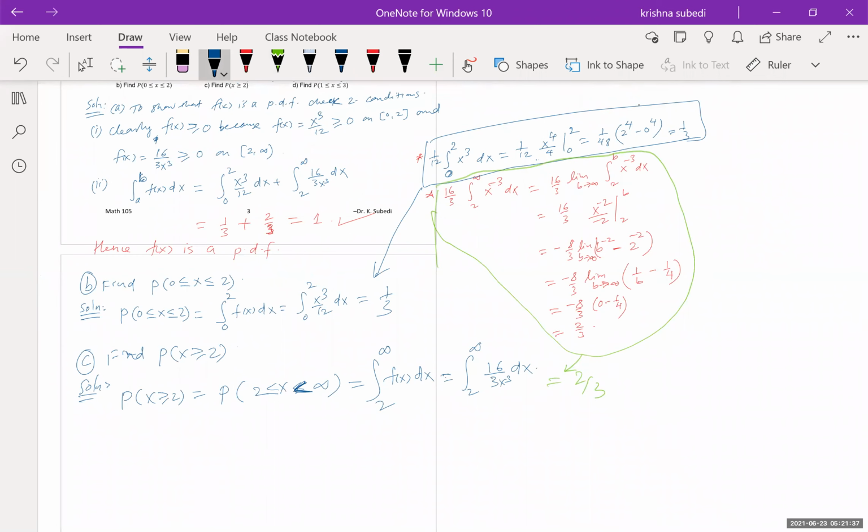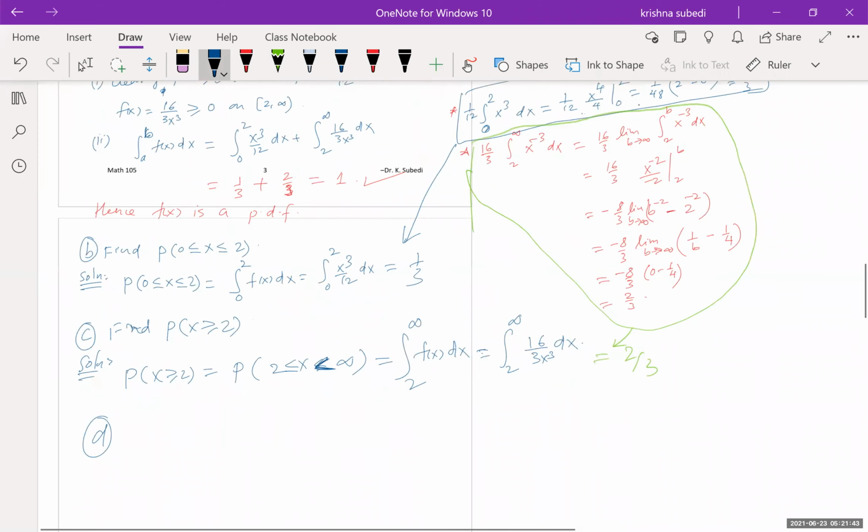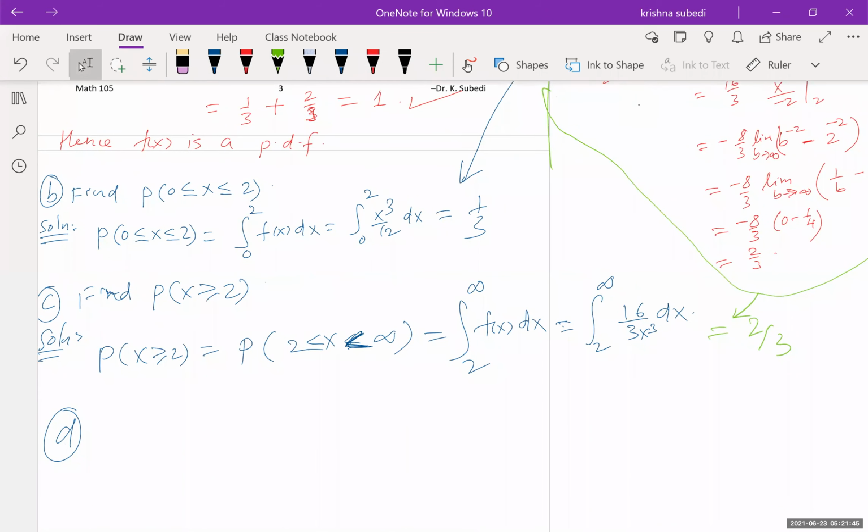Now I want you to try part D on your own. So the question in part D is, find the probability between 1 and 3.